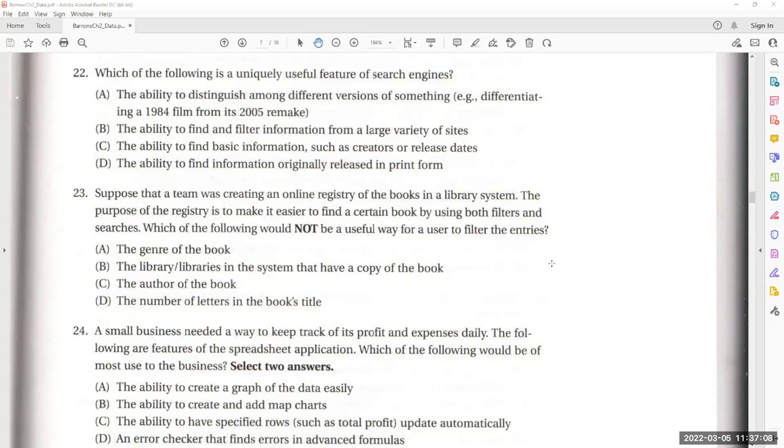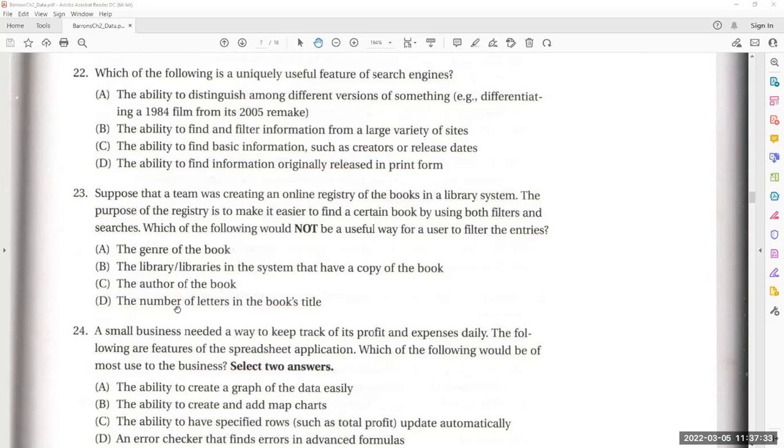Which one? D, because some books have too many letters that it's hard to sort. No. Here it says that D is the answer, but not the reason you provided. Anybody know what the reason is?